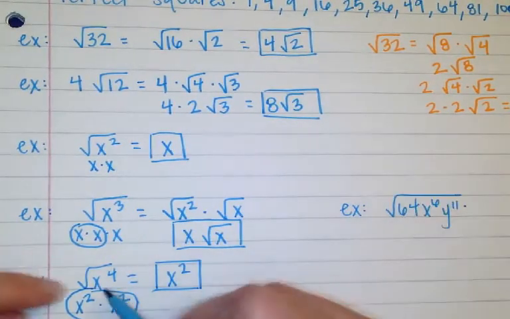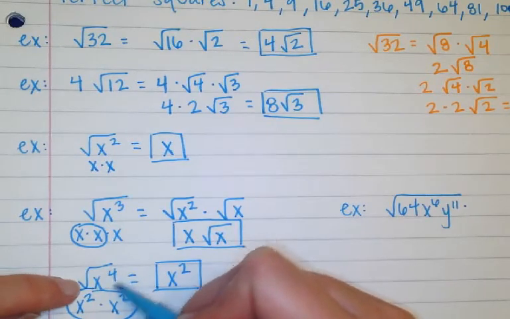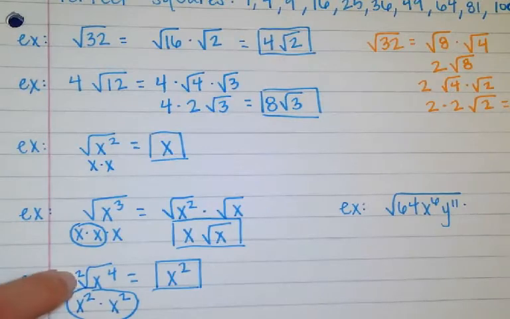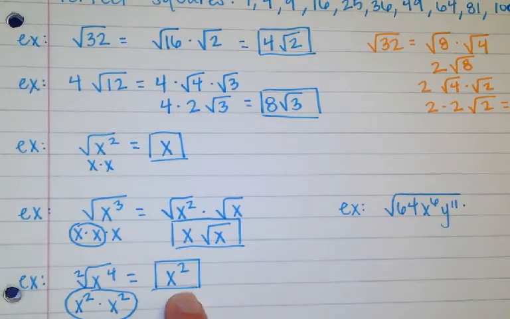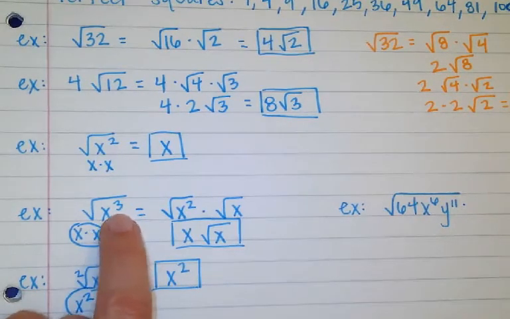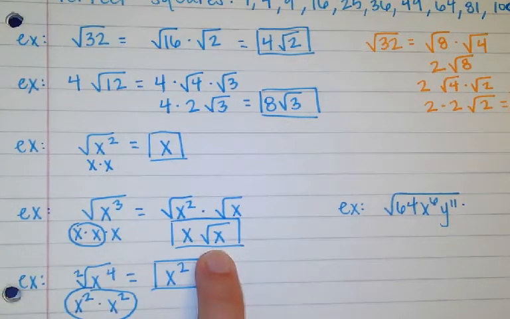What you'll really find is that we are basically able to divide our power by our understood square root index of 2, and that came out evenly. When it didn't come out evenly, we could look and see, okay, if I try to divide 2 into 3, it goes in 1 time, and it would leave 1 left over.